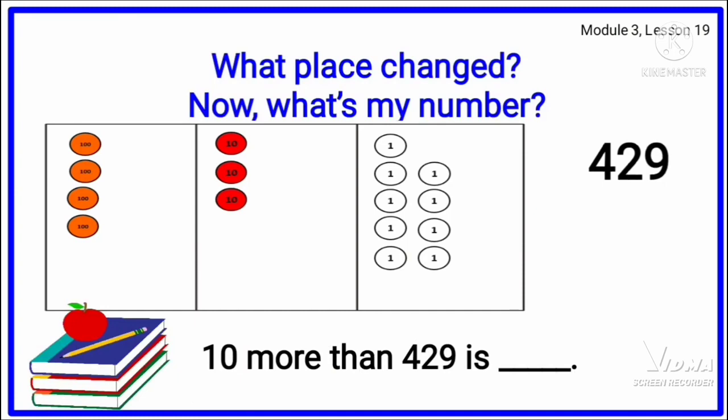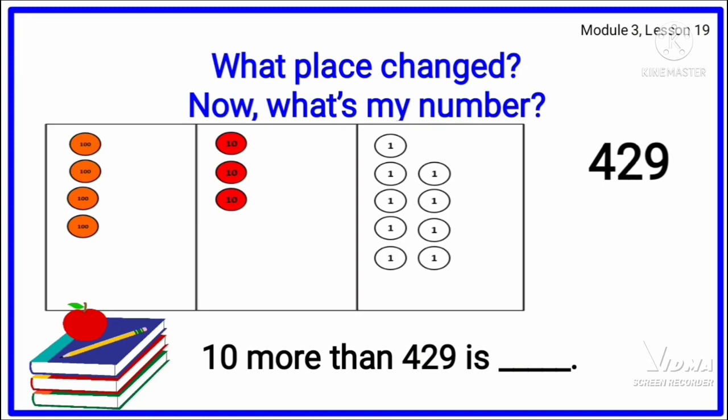Okay, I have a place value chart. Can you see how many digits of 100, how many digits of 10, and how many digits of 1? 4 digits of hundreds, 3 digits of 10, and 9 digits of 1s. That is 439.